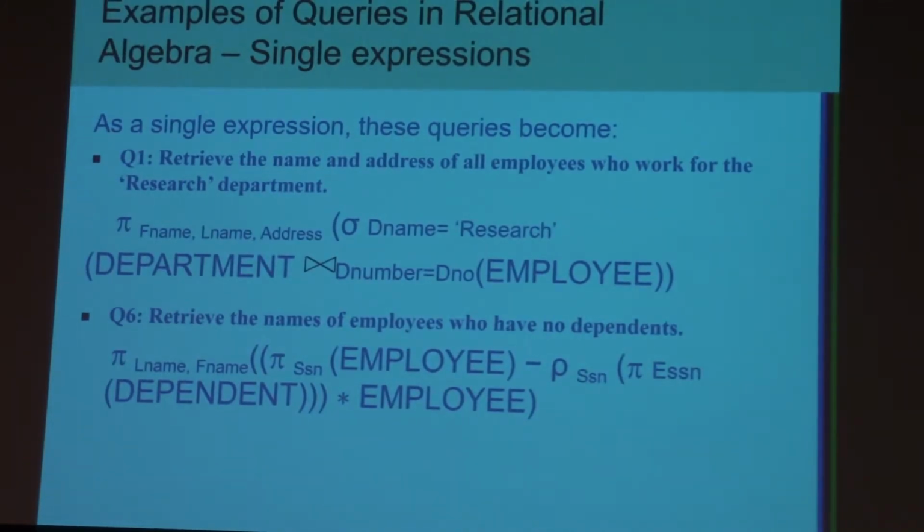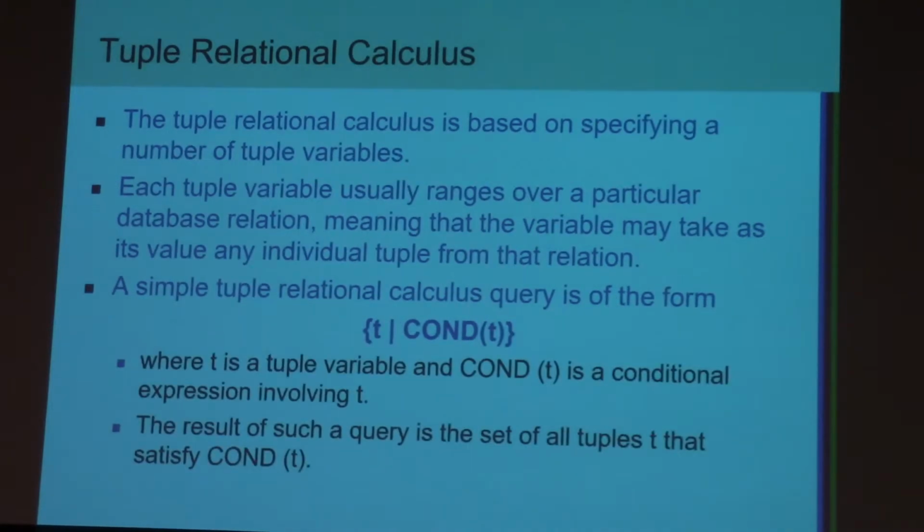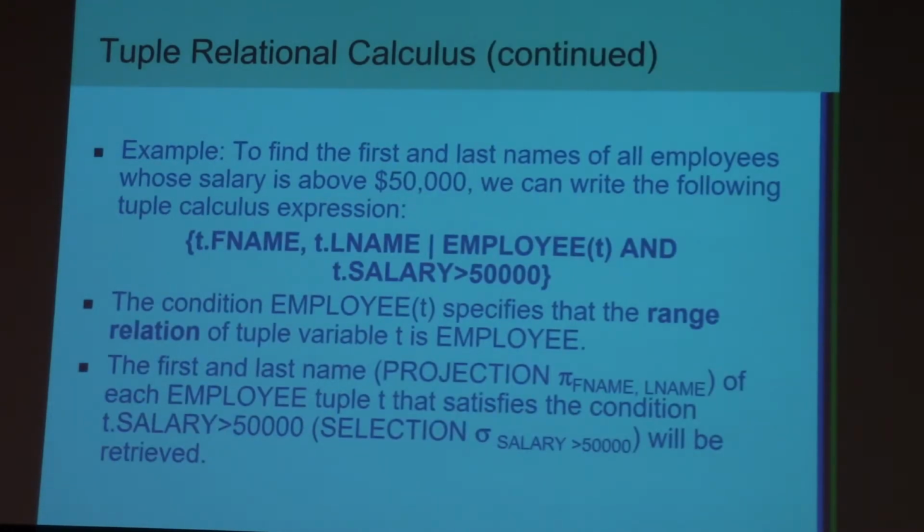Because of that, we will learn SQL, so I'm not going to explain the relational calculus. It's almost the same: if we take out this part and paste it to the where condition later, that will be SQL, and this part will be selected.